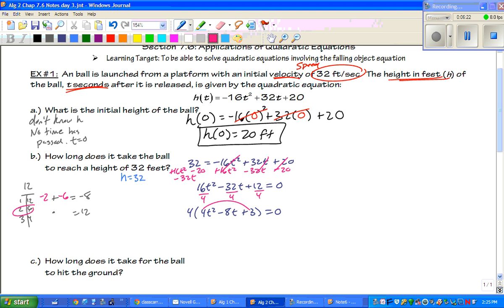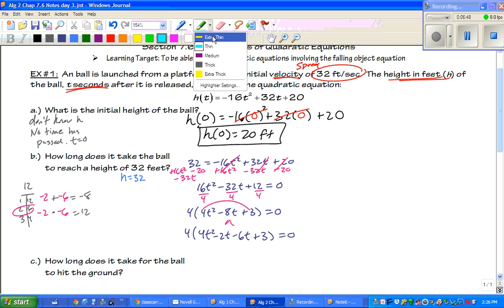That's negative 2 and negative 6, and that works in both cases. So when we split the middle term, we get 4t squared minus 2t minus 6t plus 3 equals 0.